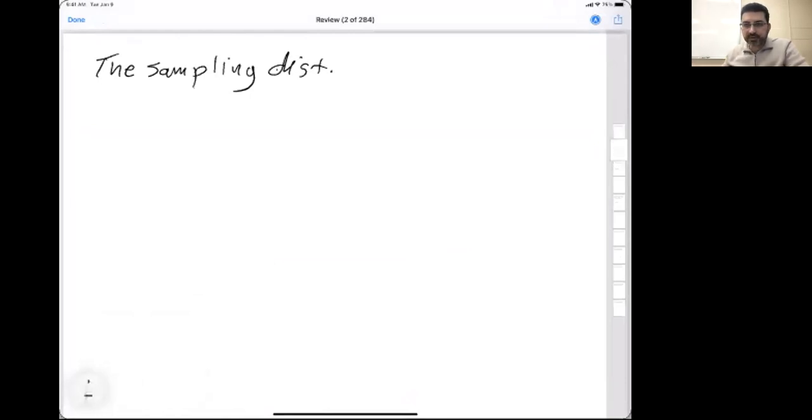Of course, this is the sampling distribution for a statistic. What that means is this distribution is a distribution for a statistic, maybe the mean, maybe the proportion, maybe the median, maybe the standard deviation. In our class here, we have just two of them.